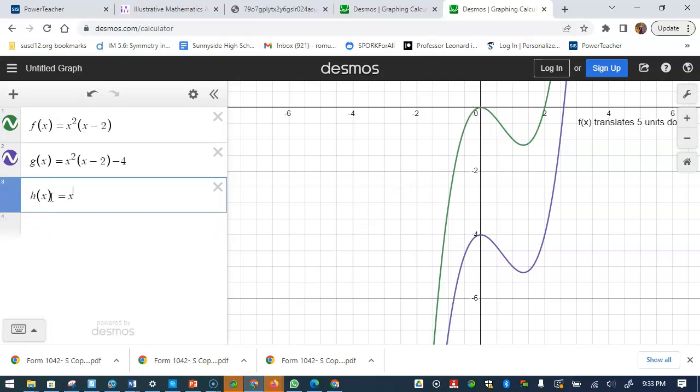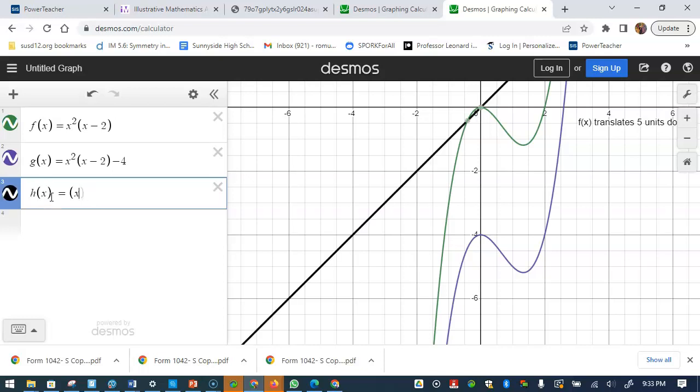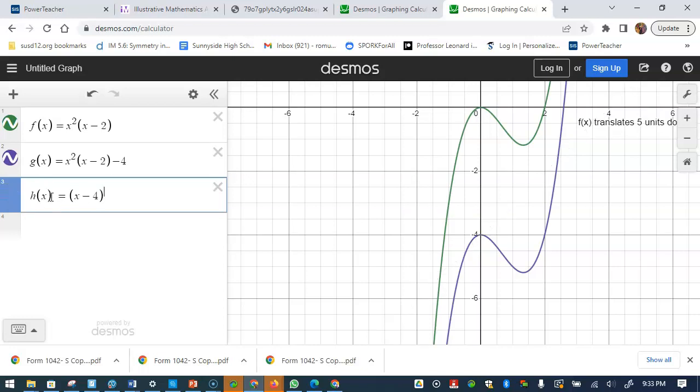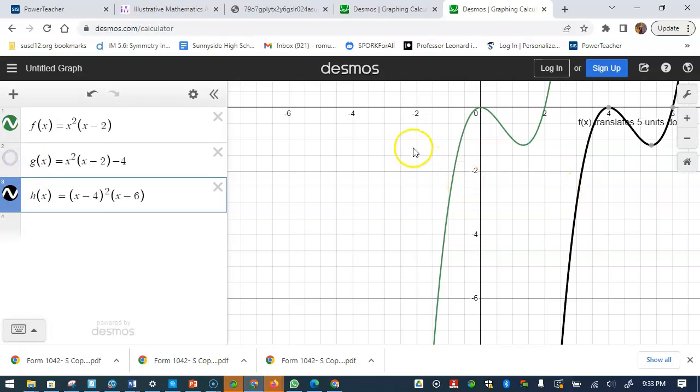Sorry, it's x, but then it's x minus 4, minus 4, and then to the power 2, and then there is an x minus 6. And then I'll take off this g(x) and see what's going on.